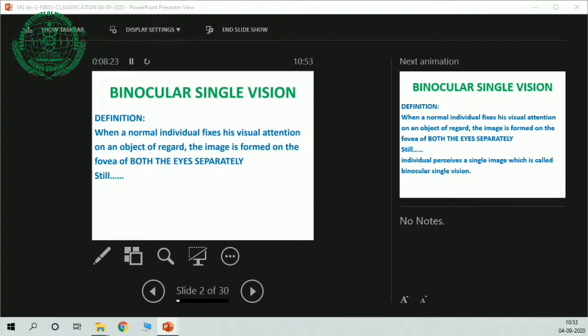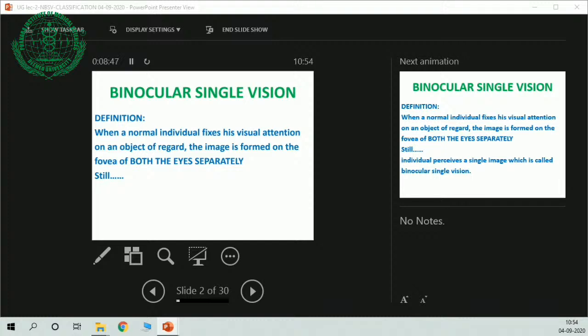that we have two eyes. The right eye obviously sees more of the right-sided objects, and the left eye sees more of the left-sided objects. However, the whole scene is visible. The patient will not know that I am seeing this from the right eye and this from the left eye.